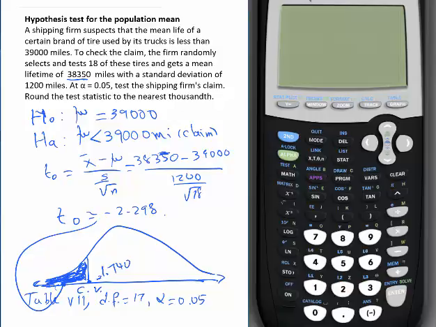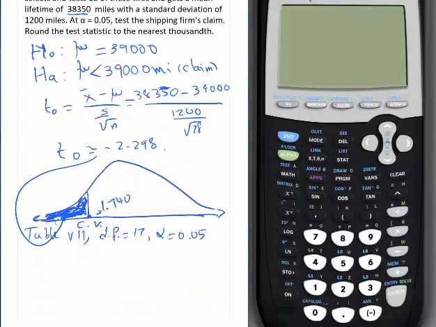If it is placed right there in the shaded rejection region, you would reject the null hypothesis. So we would write, we reject H0.